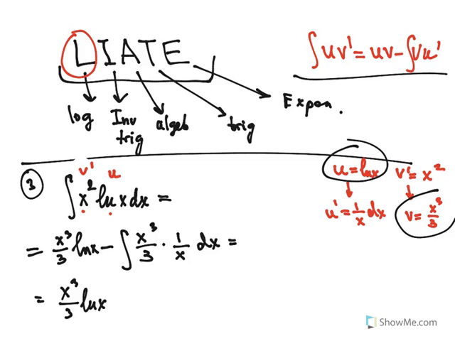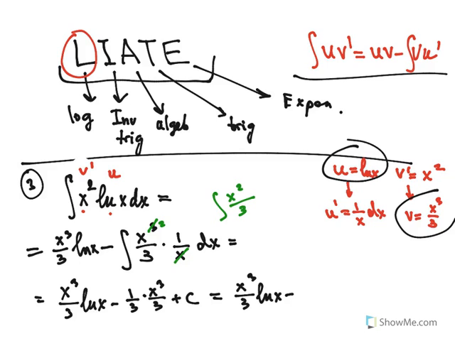So we can actually simplify, and we get what? X squared on the top, and on the bottom it's 3, right? So that would be 1/3 out, and then it's x cubed over 3 plus c. And the result is x cubed over 3 ln x minus x cubed over 9 plus c.